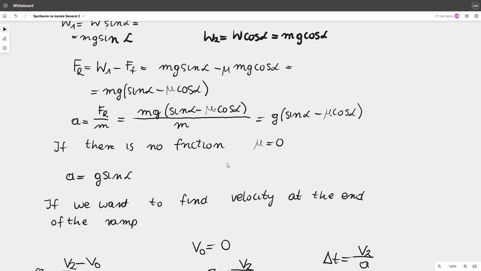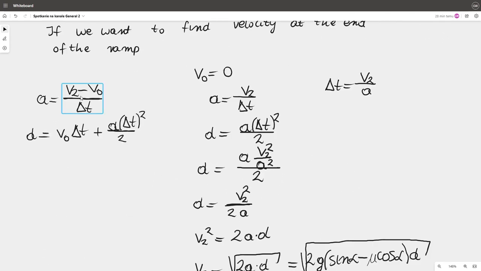To find final speed, we have to write equations for acceleration and distance in uniformly accelerated motion. It's here and here.